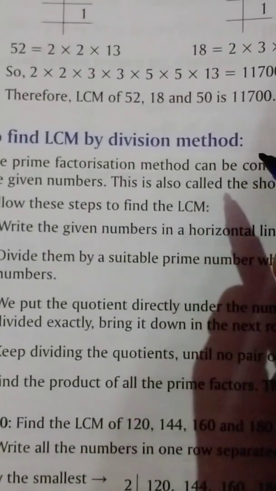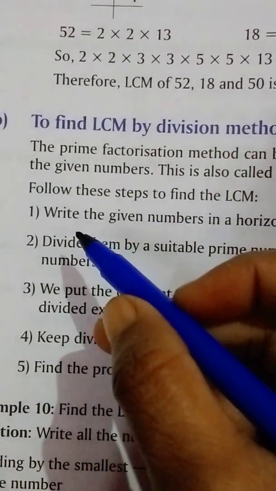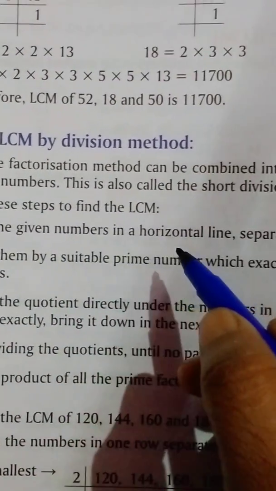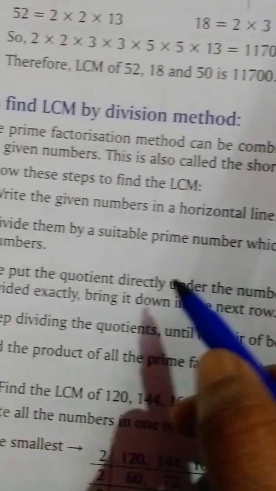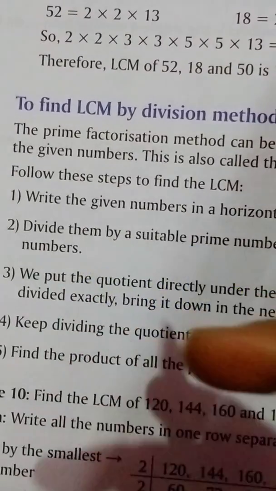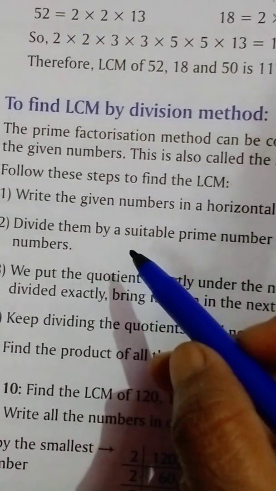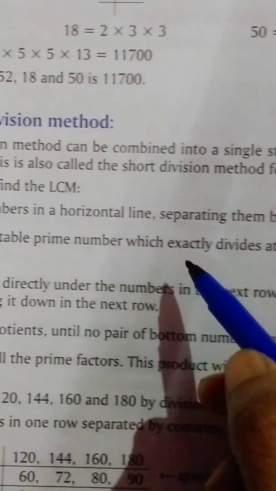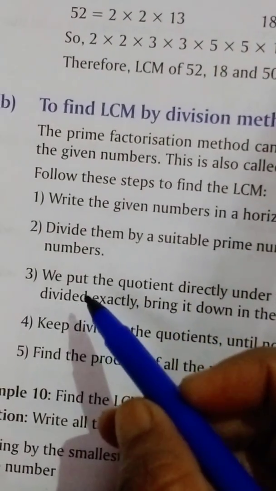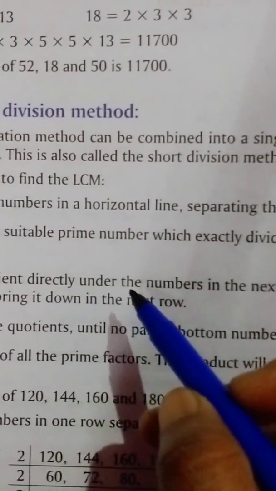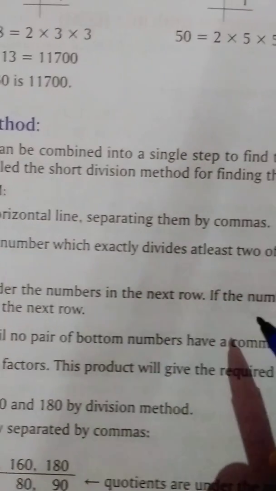LCM by division method. Step 1: write the given numbers in a horizontal line separately, separating them by commas. Now divide them by a suitable prime number which exactly divides at least two of the given numbers. We put the quotient directly under the numbers in the next row.